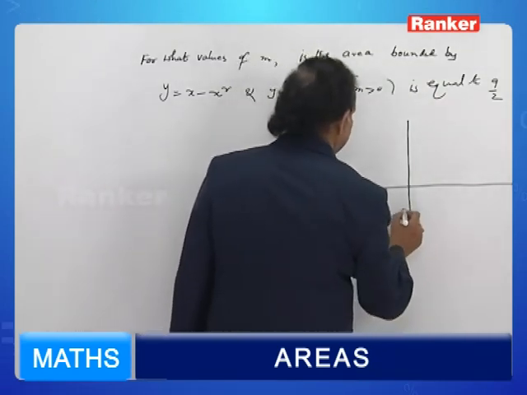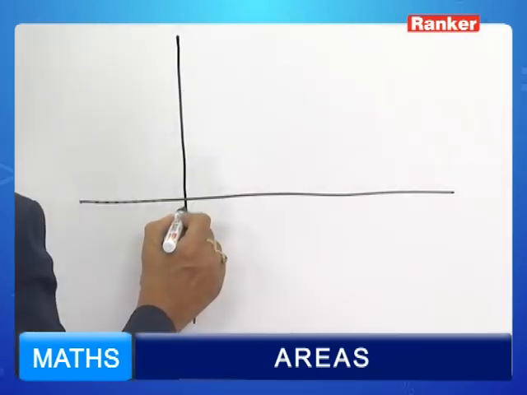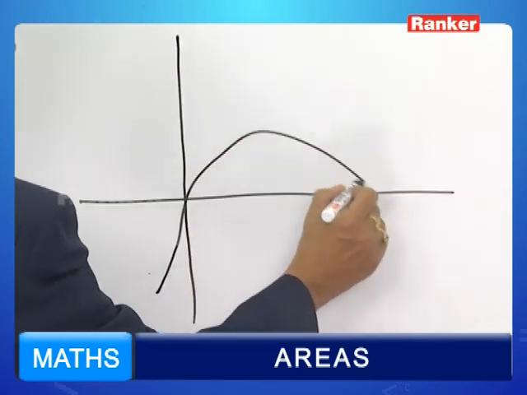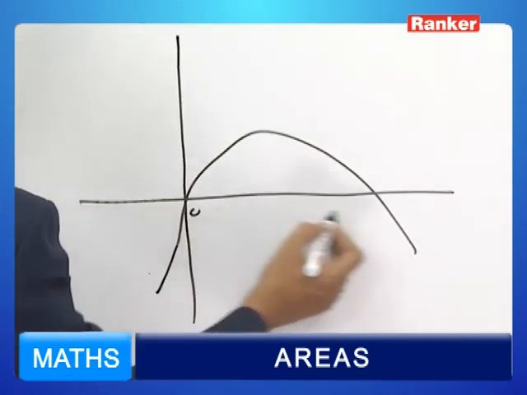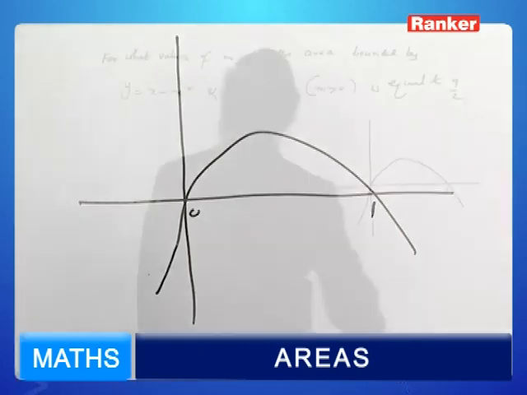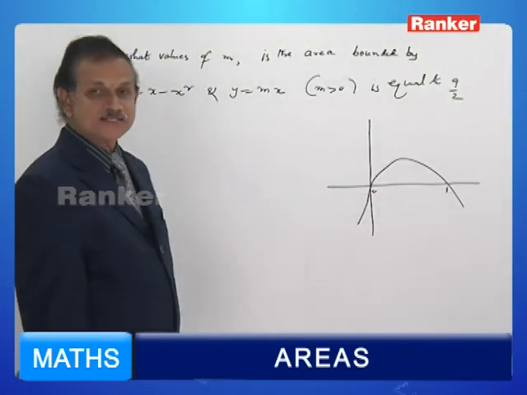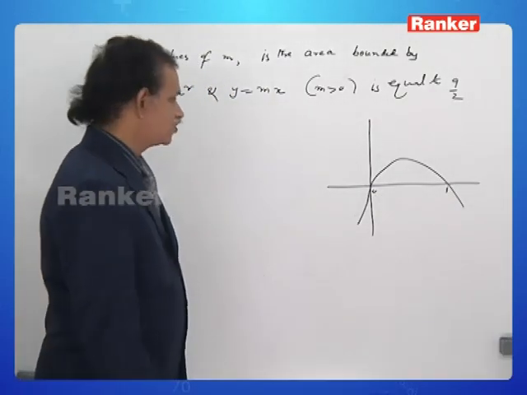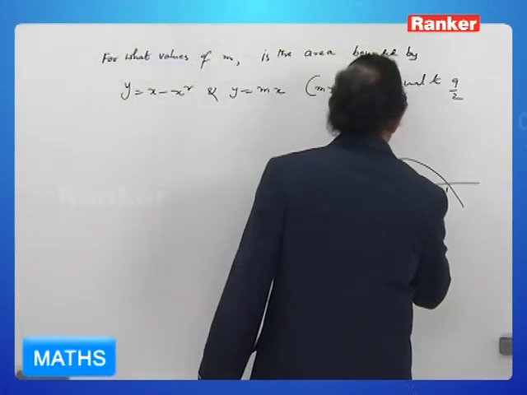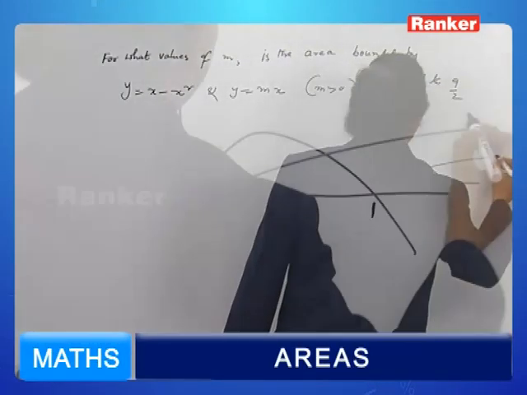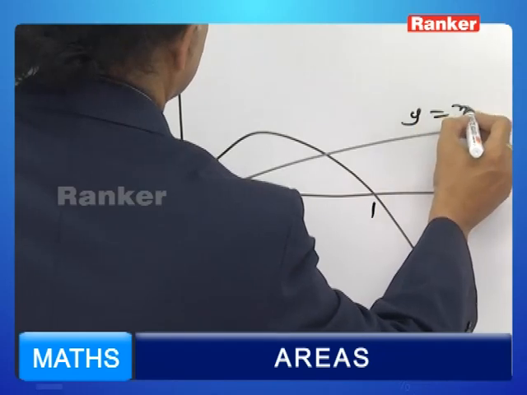It looks like this. This is 0 and this is 1. Okay, y is equal to mx. That is a straight line, of course, passing through origin. This is y is equal to mx.